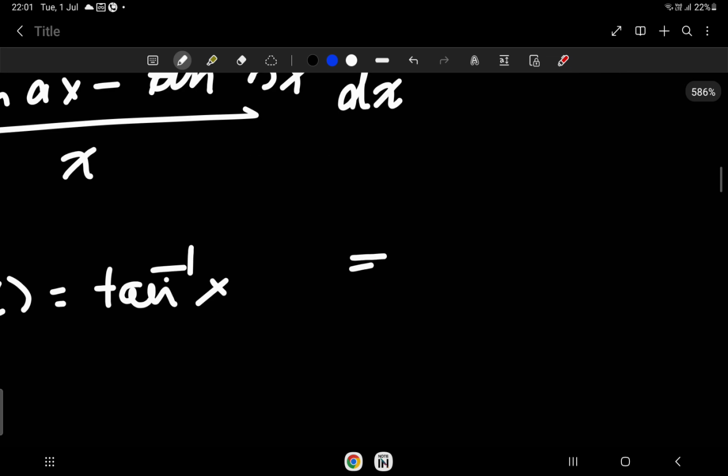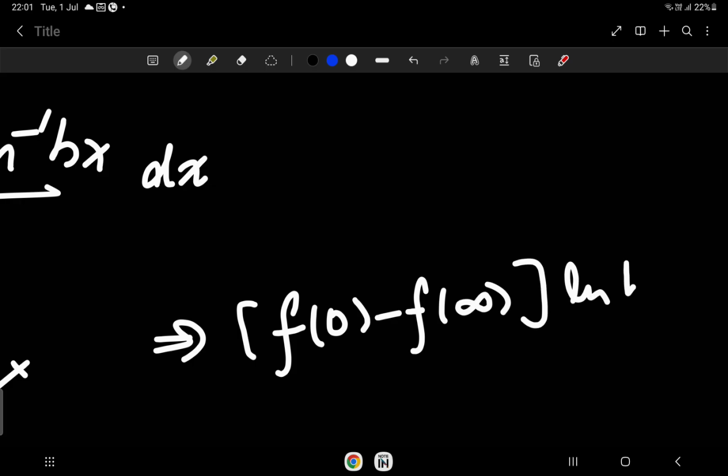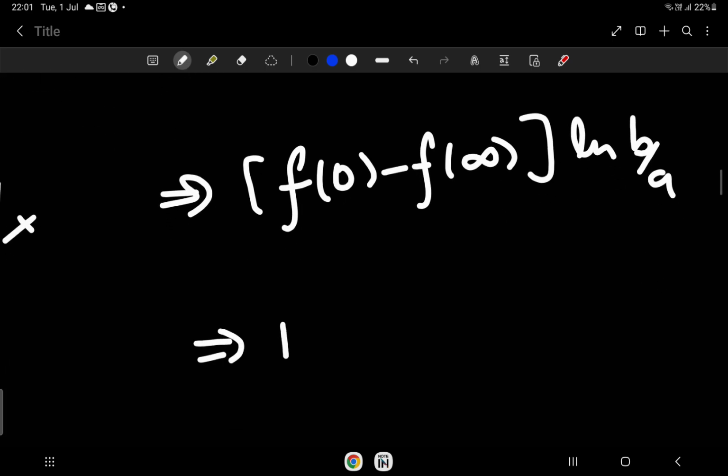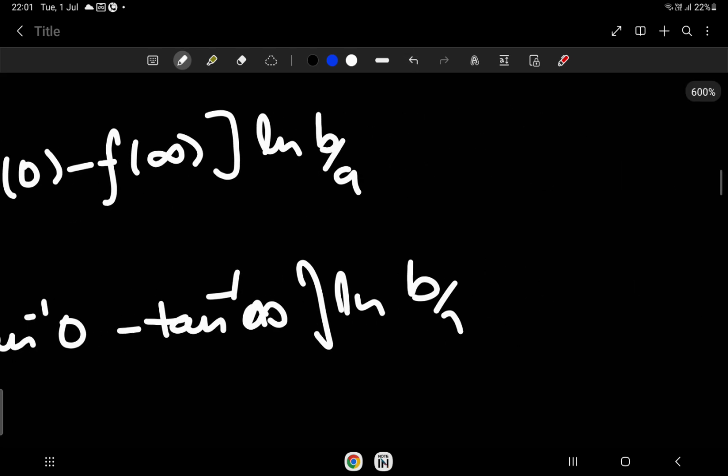If we apply the Frullani's form, we get (tan inverse of 0 minus tan inverse of infinity) ln b by a.